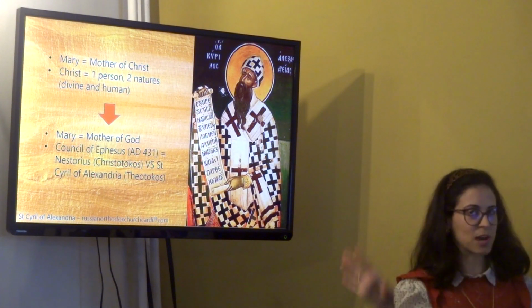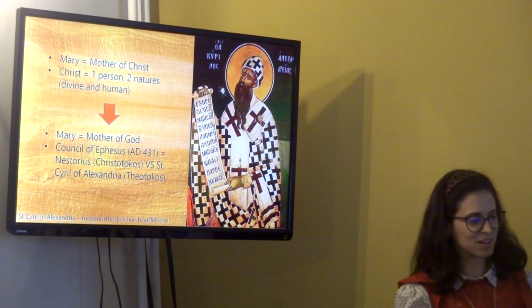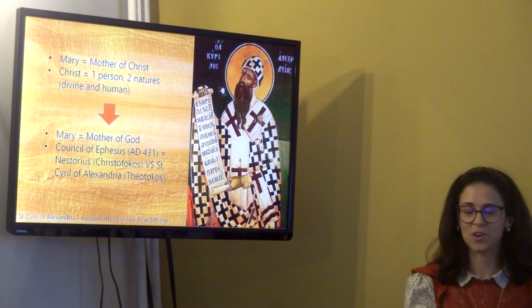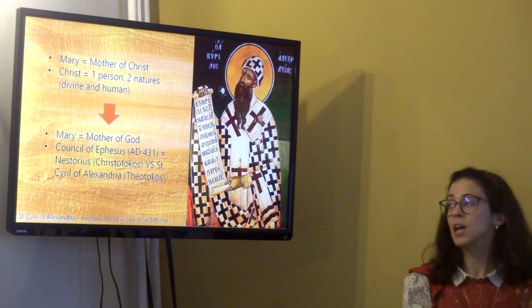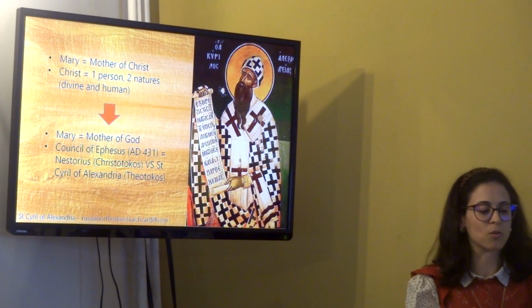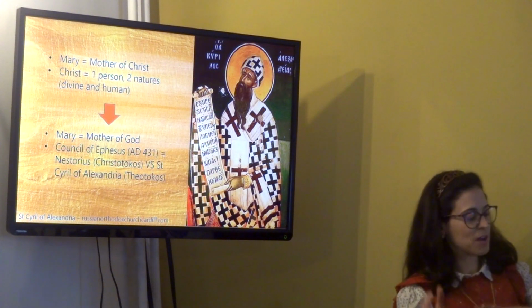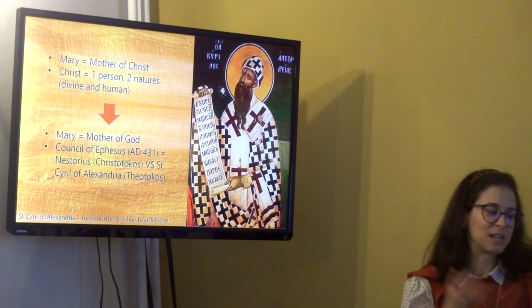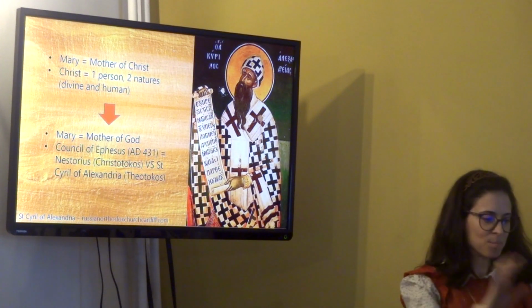So we had two factions. On one side, the faction led by Nestorius, Patriarch of Constantinople, who said that Mary was just Christotokos, and that means mother of Christ, just of his human nature. The other faction was led by Saint Cyril of Alexandria, which you can see in this painting here.